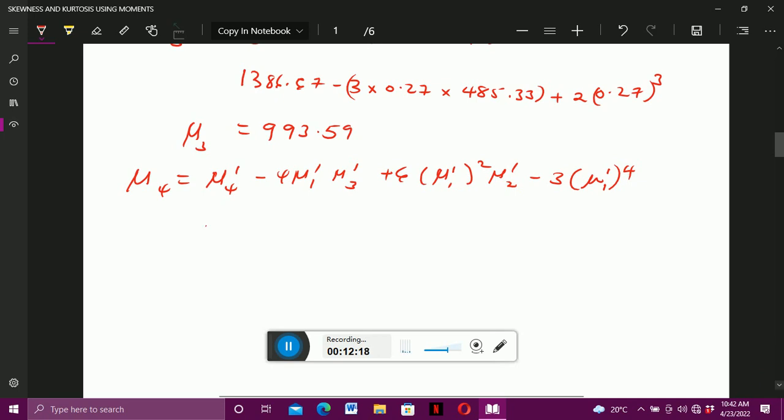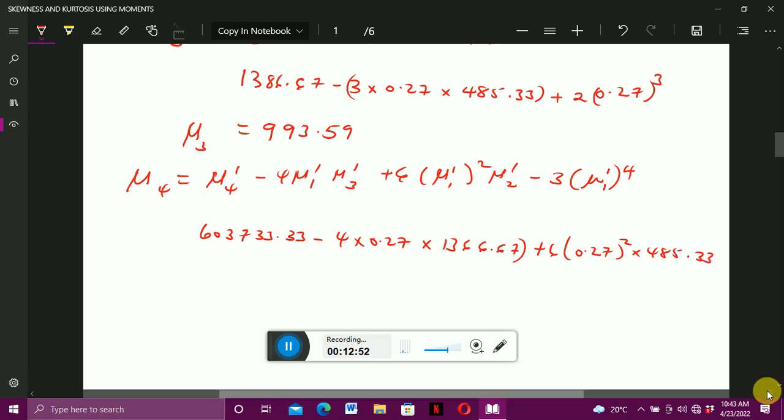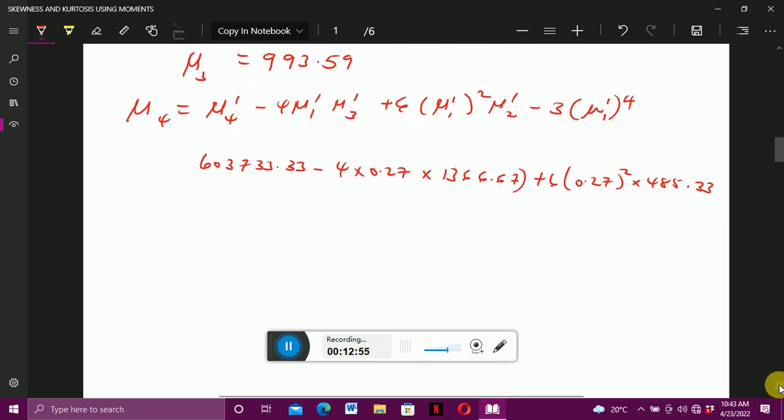We have 603,733.33, subtract 4 times 0.27 times 1366.67 plus 6 times 0.27 squared times 485.33, and we have one last term, so minus 3 times 0.27 raised to power 4.